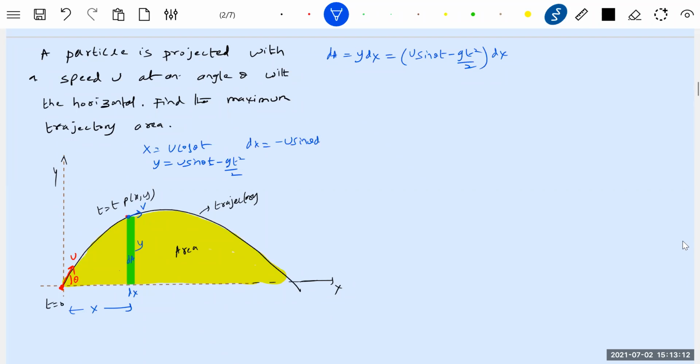Minus u sine theta d theta t. Differentiating this, let me substitute that here. u sine theta t minus gt square by 2, dx is equal to minus u sine theta d theta t. Oh, this is cos theta.